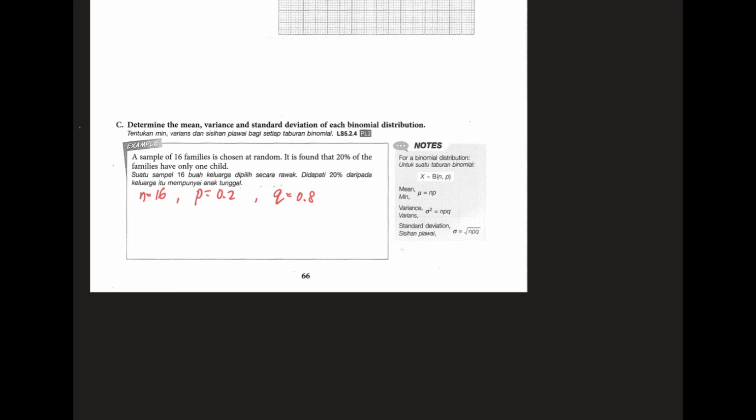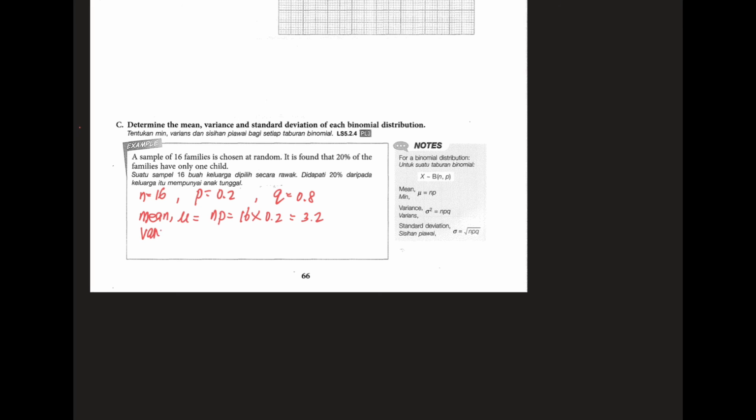Okay, now what they ask is find the mean. So mean is mu, which is np. So n is 16, p is 0.2. 16 times 0.2, we get 3.2.